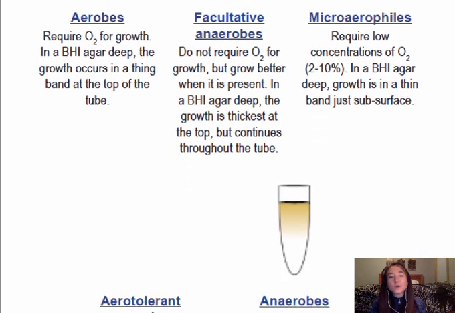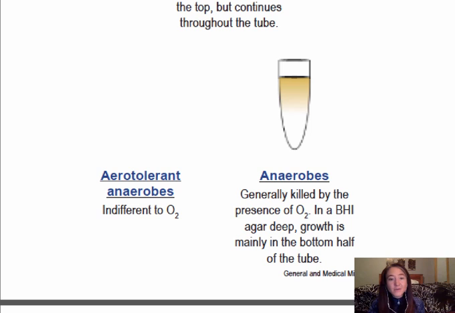Now, anaerobes, of course, will only grow in the bottom of the tube, where they're away from the toxic derivatives of oxygen that kill them. Now, aerotolerant anaerobes are indifferent to oxygen. They don't really care whether it's present or not, so their growth is unaffected by the oxygen gradient.